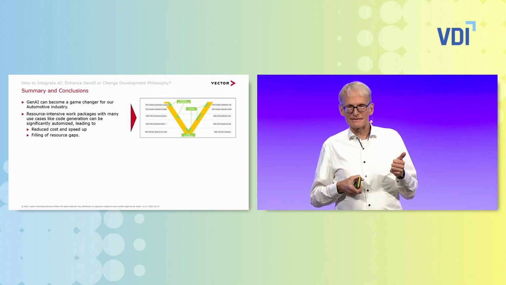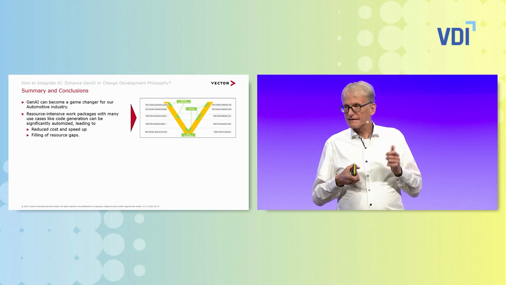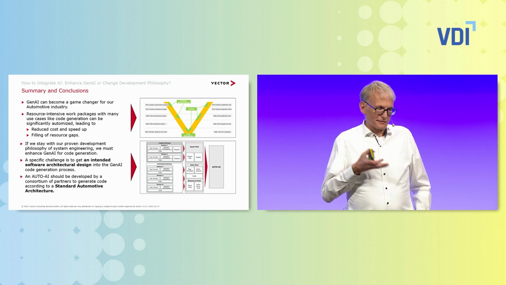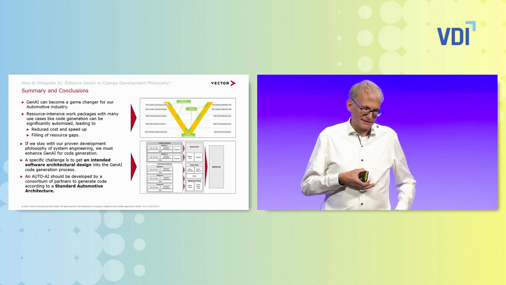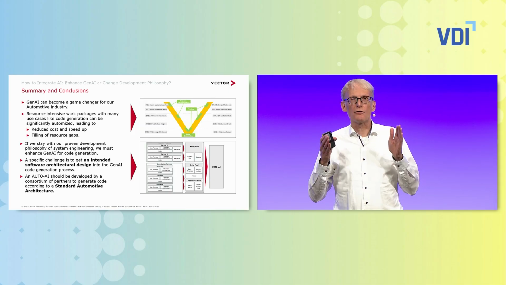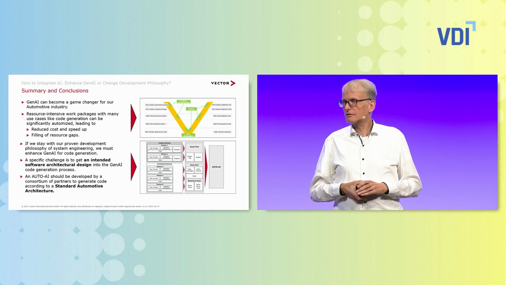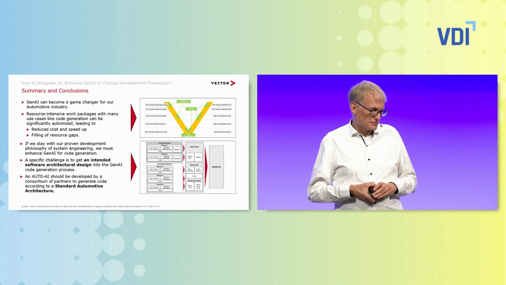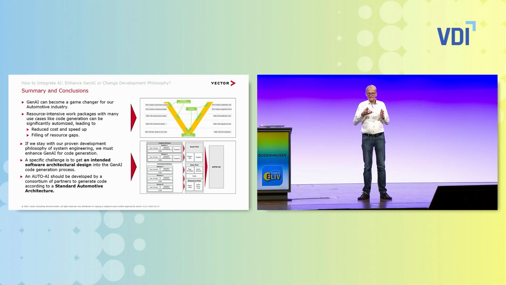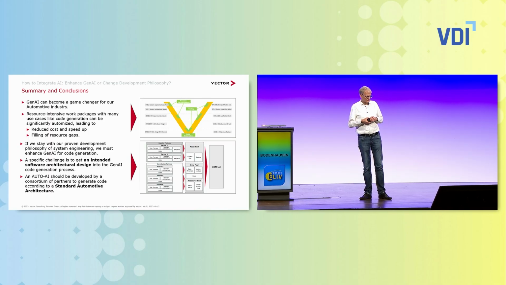That's requirements, that's testing, and that's coding. And if we want to really use that and create code, I recommend to go for this auto AI joint collaboration to develop something that writes code in the context of a standardized architecture.